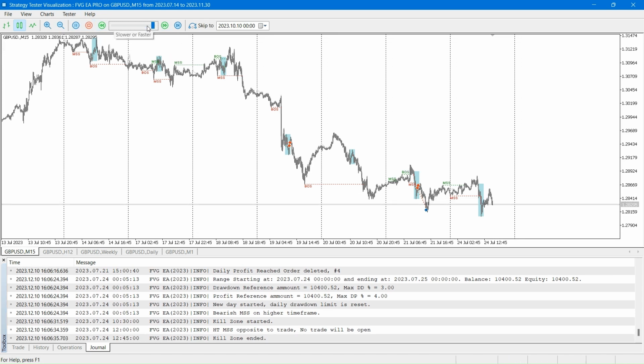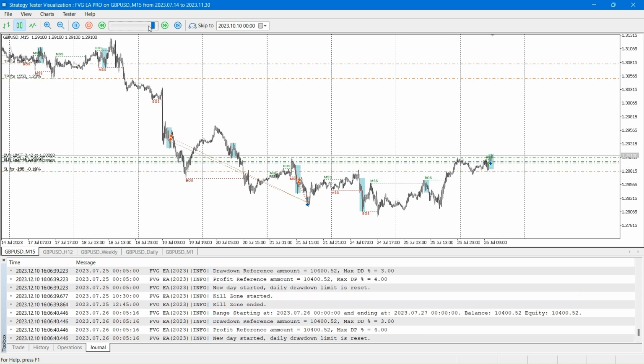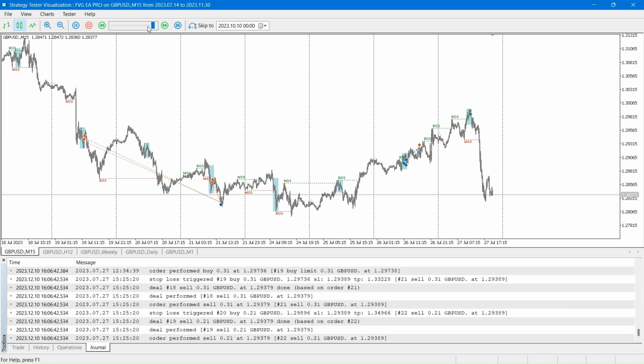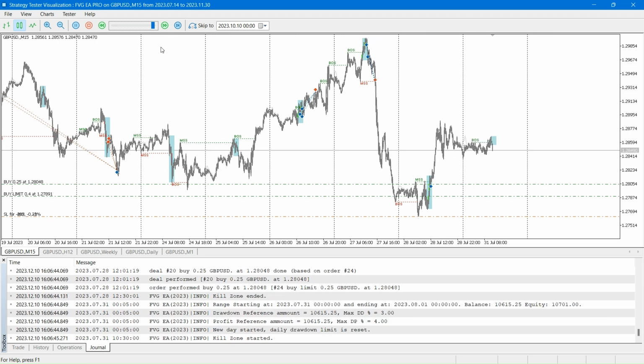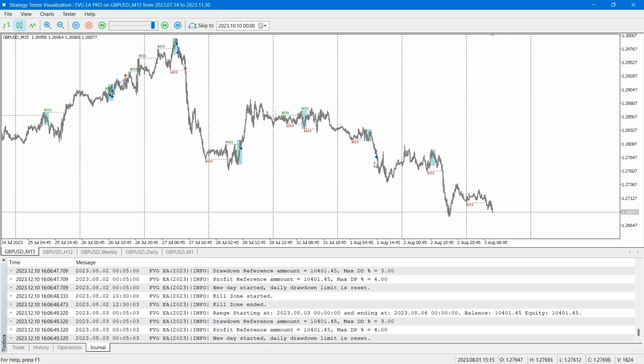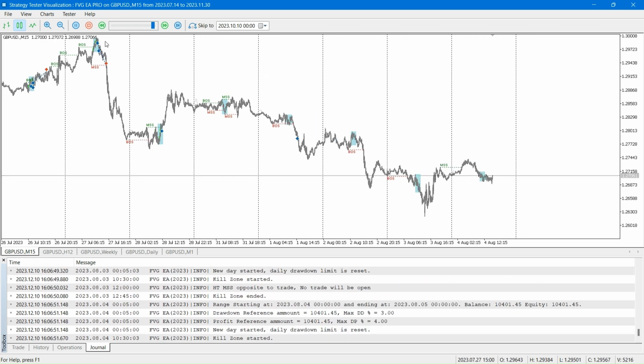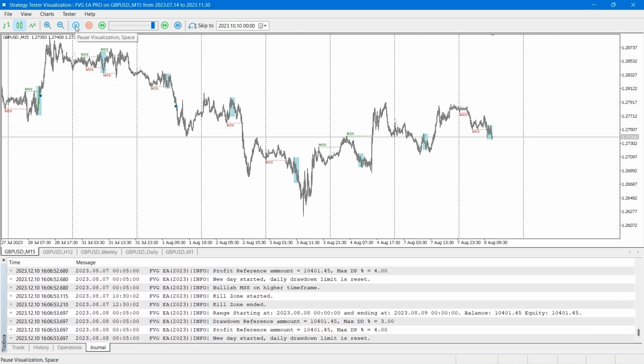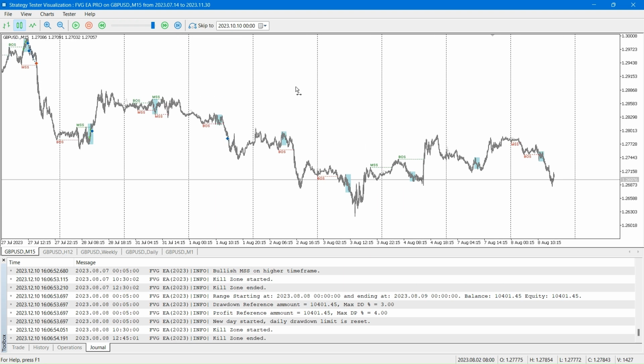They are not deleted. So we may need a small modification in our system. For example, here we have a buy limit and it is only triggered 2 days later when the trend has changed.